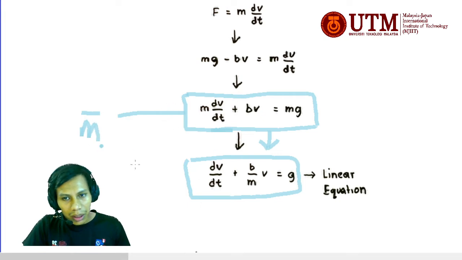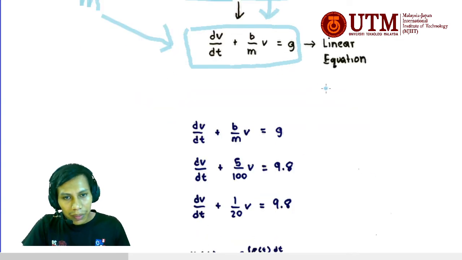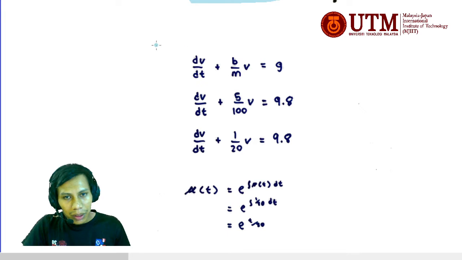So we got here. This is the standard form of linear equation. Based on the equation that we get, then we need to key in all the data that we have, which is b equal to 5, m equal to 100, and g equal to 9.8. So from here, we can calculate 5 over 100 equal to 1 over 20, and 9.8.